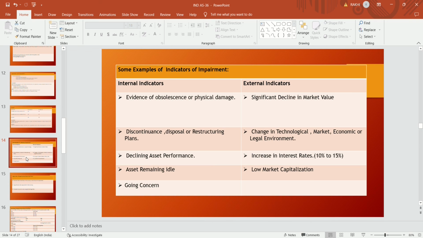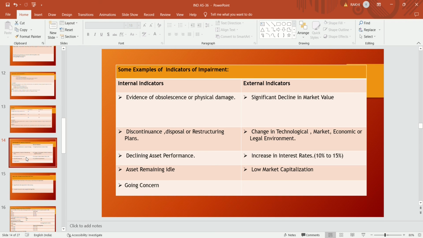If there is physical damage or the asset is obsolete, like due to an accident or a fire breakout, and the damage is very severe, that is an internal indicator that the asset will require impairment testing.